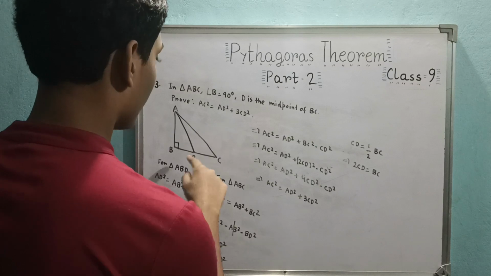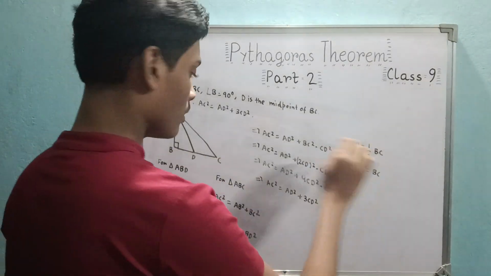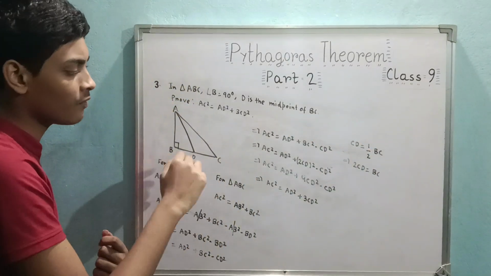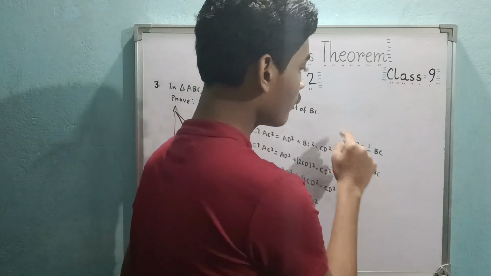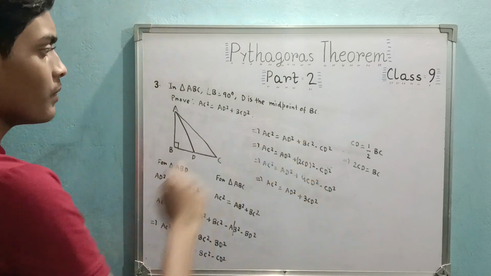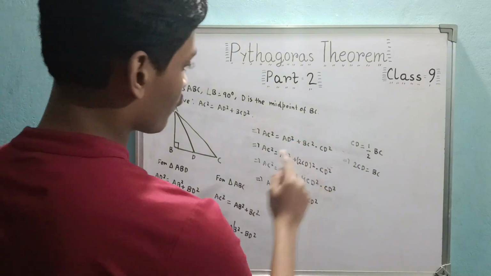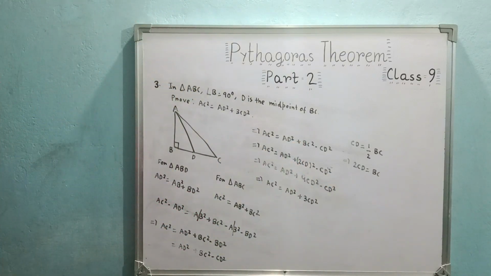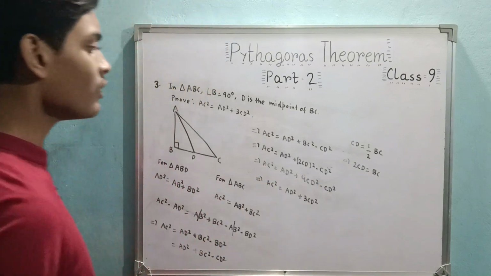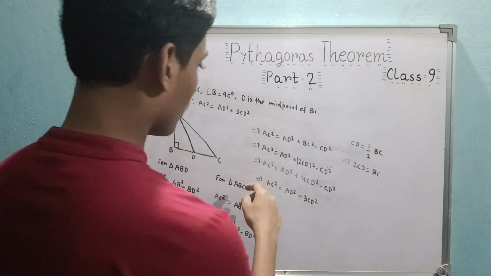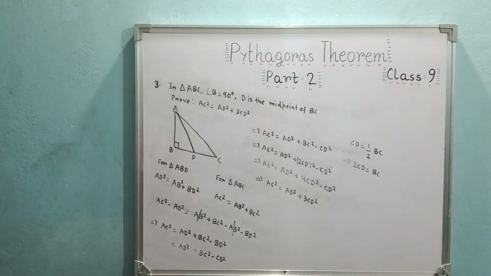Now, CD was equal to half of BC. Then 2CD equal to BC. So here instead of BC I substituted 2CD, 2CD square minus CD square. This became AD square plus 4CD square minus CD square, and that is plus 3CD square. So AC square equal to AD square plus 3CD square.